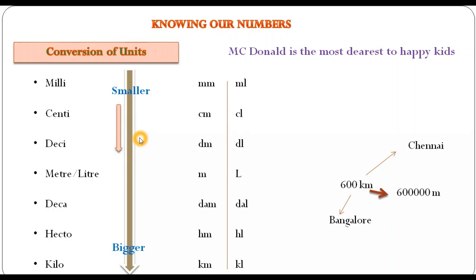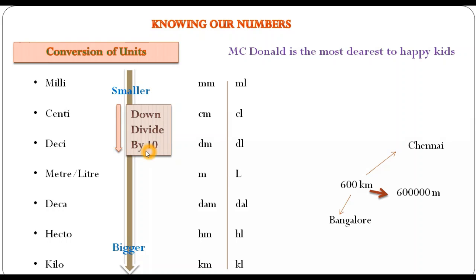You need to divide. This is a simple rule that you need to remember. Whenever you are converting from a unit which is at the top to a unit which is at the bottom, so if you are doing conversion from centimeter to kilometer, you are basically moving down. And whenever you are moving down, you need to divide.